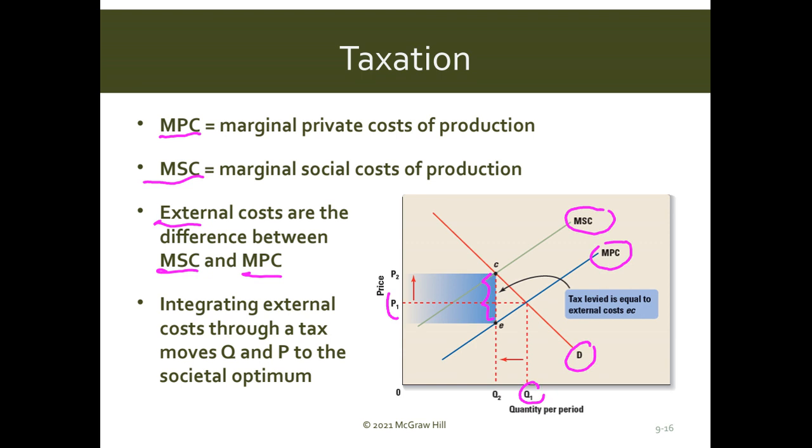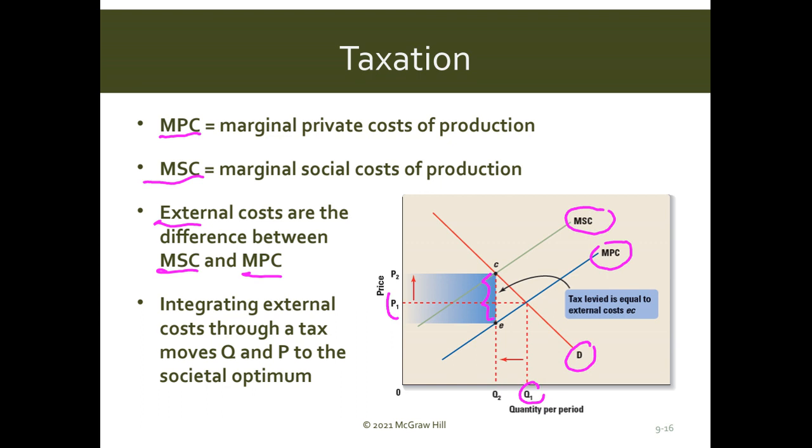Government wants these producers to incorporate that external cost in their production decision, because right now they are not including that cost, and that is why they are producing more. So the moment the tax is levied, it is equal to the external cost, E and C. This point E and this point C, this is the gap, right?